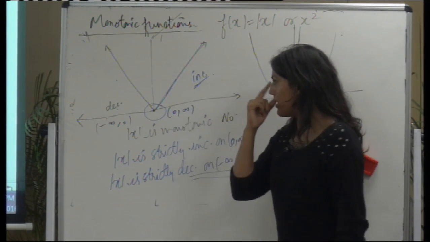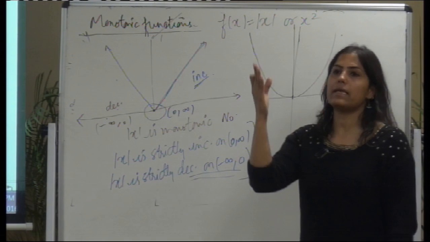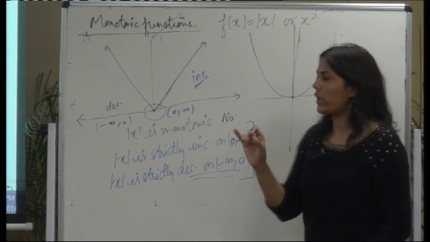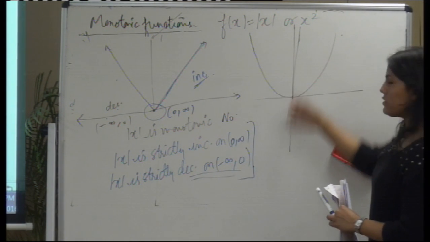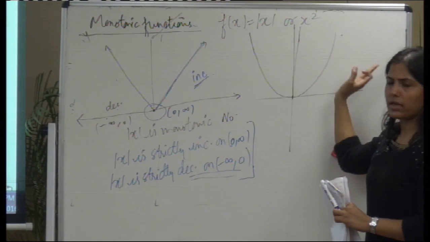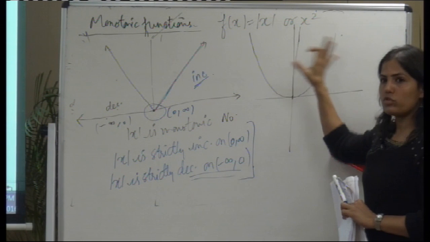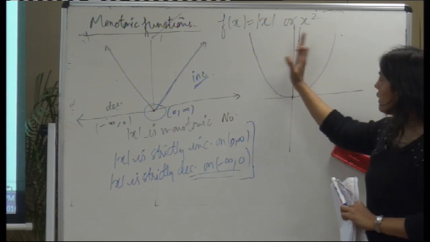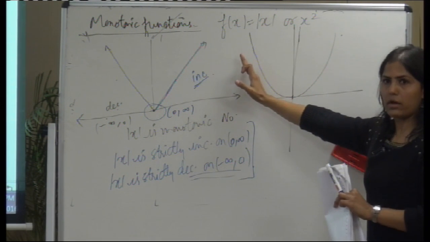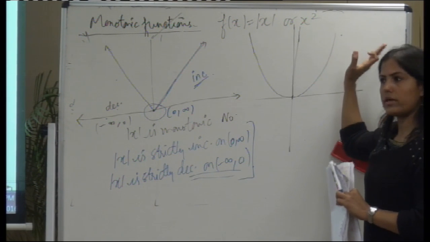Now one more thing is, if you know the function is increasing in an interval, here also the same situation. In half the interval it is decreasing and in half it is increasing. So this is also not monotonic, but here it is monotonic in one half interval, and in this half interval it is monotonic.